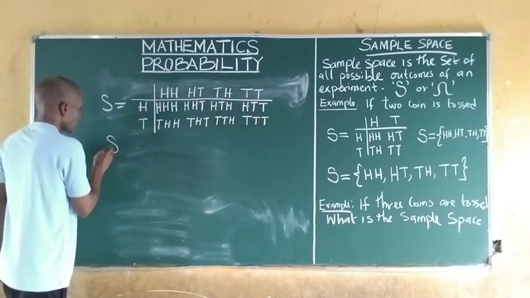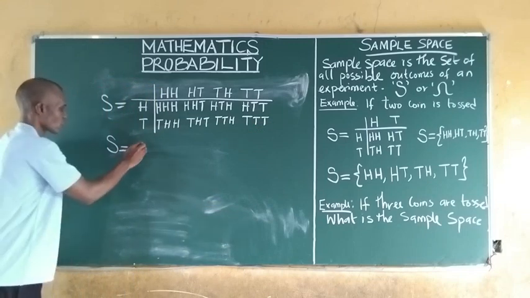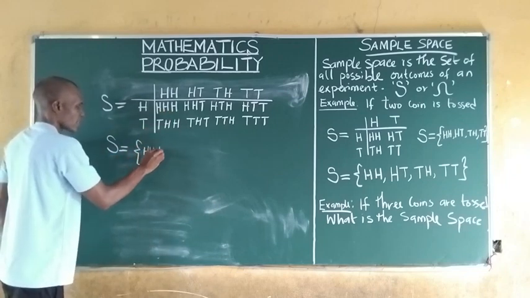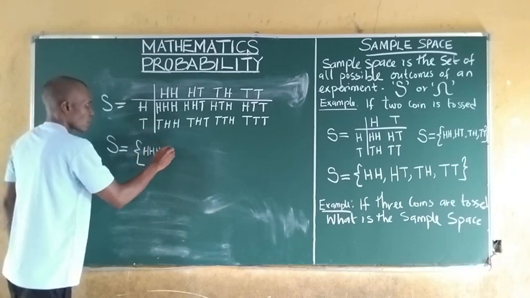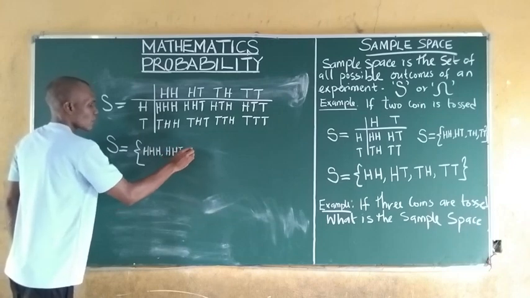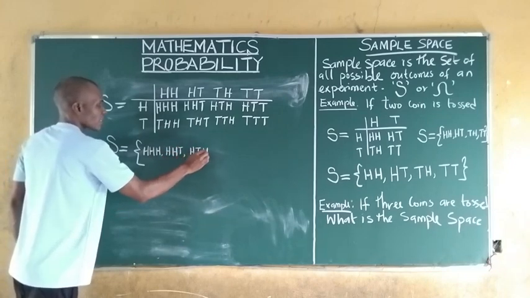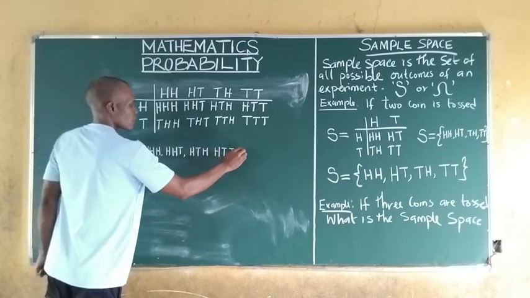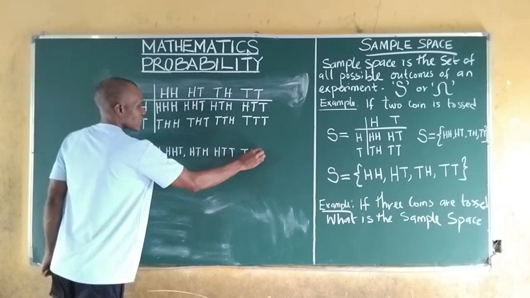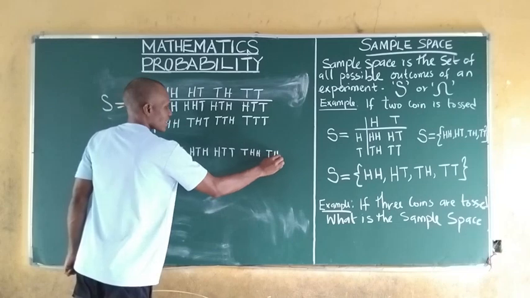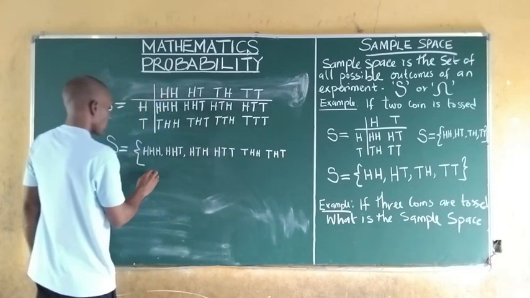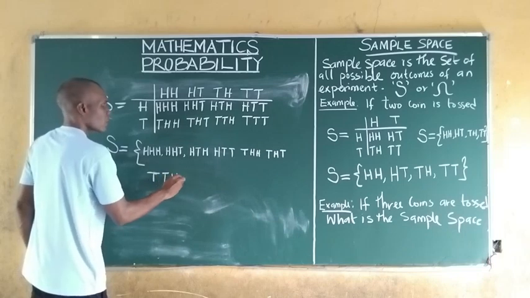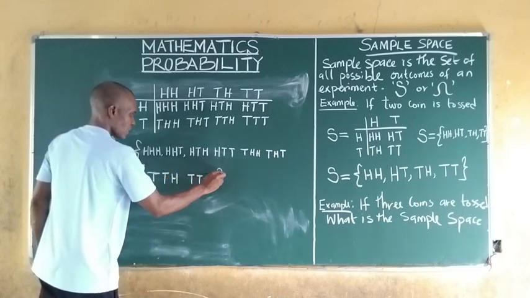So our sample space, if three coins are tossed, will be head head head, head head tail, head tail head, head tail tail, tail head head, tail head tail, tail tail head, or tail tail tail.